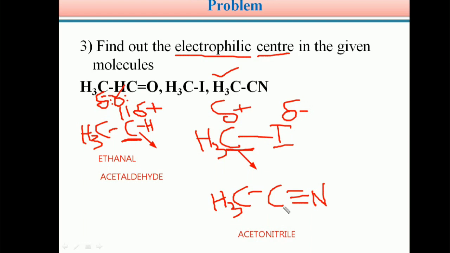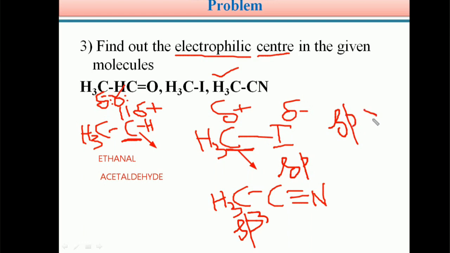Students, we know the hybridization of a triple bonded carbon is sp hybridized, and this methyl carbon is sp3 hybridized. We know the electronegativity of sp carbon is more than the electronegativity of sp3 carbon.